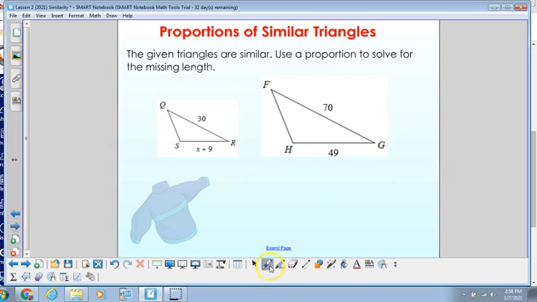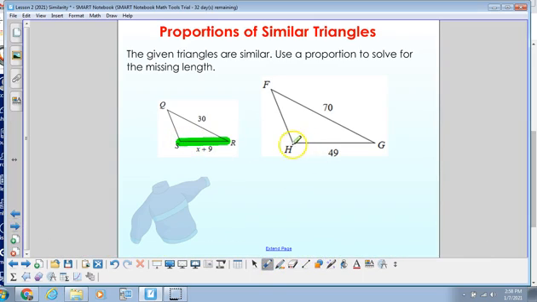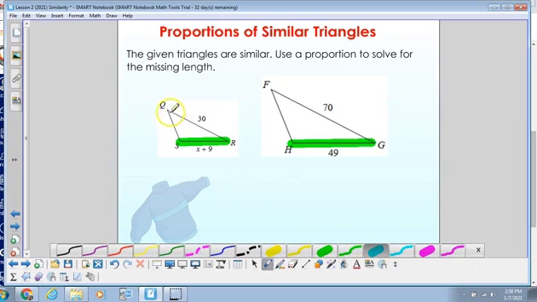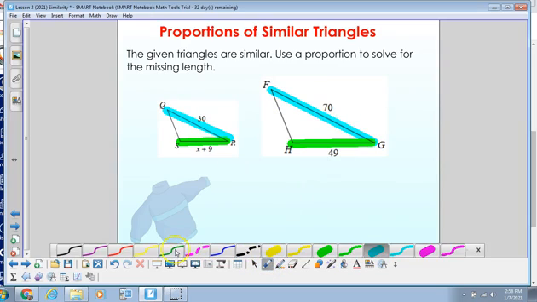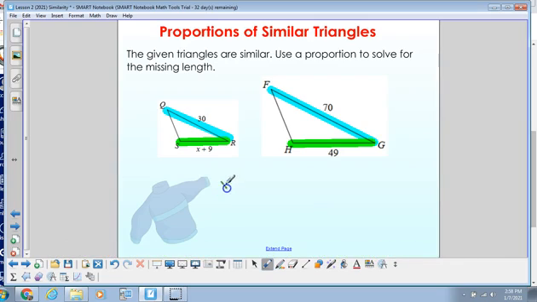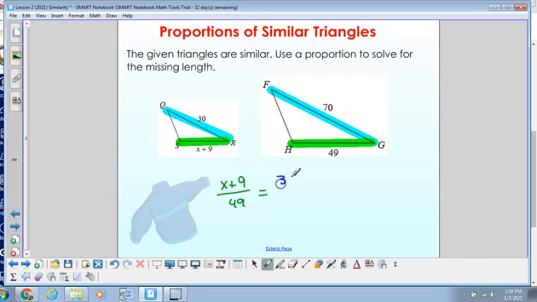These look more straightforward again, so I'm just going to highlight the parts that match up. The x plus 9 matches up with 49, and the 30 matches up with the 70. So when we write our proportion, let's do small over big, x plus 9 over 49 equals small over big, 30 over 70.